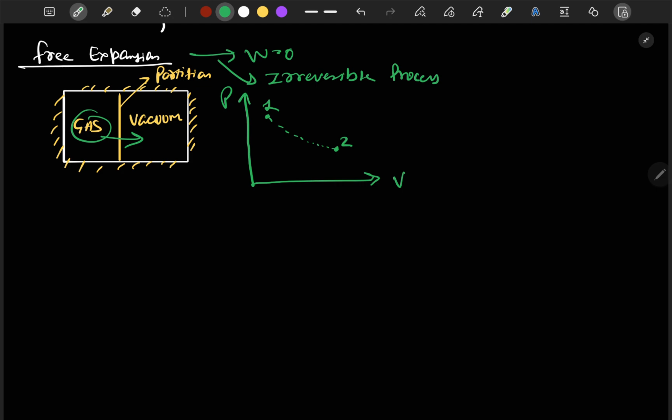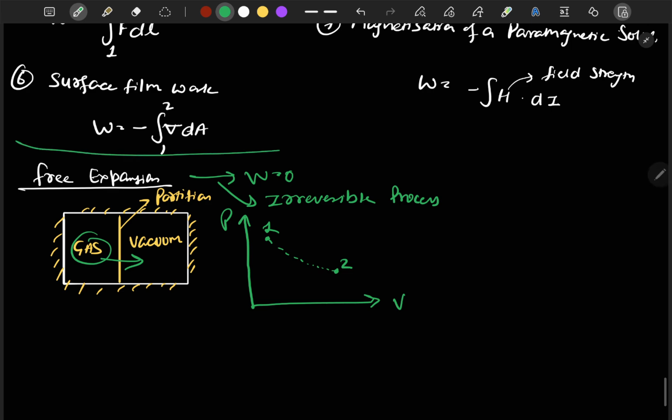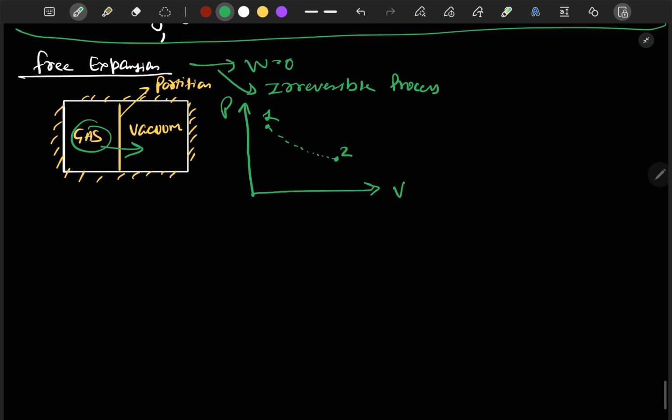Now what we generally do, we start calculating the work using PdV, which we have used previously. But in the case of free expansion, it is not a quasi-static process. The PdV work is for quasi-static, but the free expansion is a non-quasi-static process.